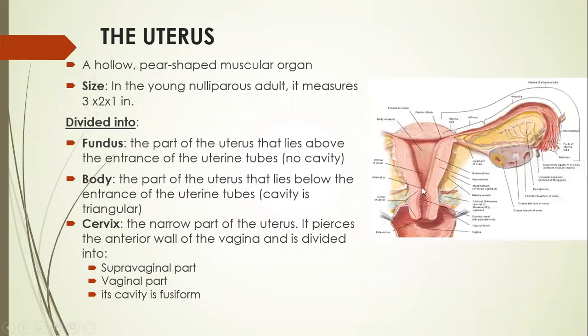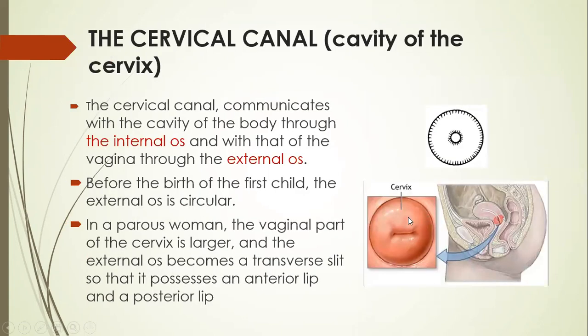The narrow part communicating with the uterus is called the internal os, and the part of the cavity which opens into the vagina is called the external os. In between is the cervix and the cervical canal. So it has 2 openings, the external os and the internal os.